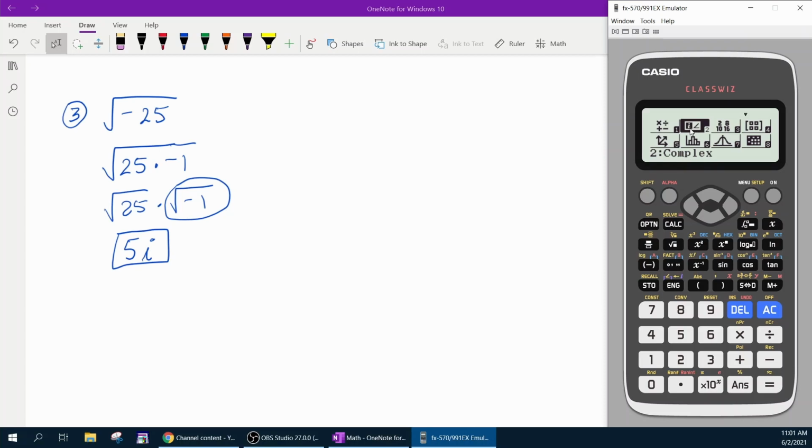And it even has a little I there to indicate that those are complex numbers. So we're going to select number 2. And now if we type in the square root of negative 25, it's going to give us the complex number. It's actually going to simplify that in terms of I. So that makes the Class Whiz super nice to have as a tool.